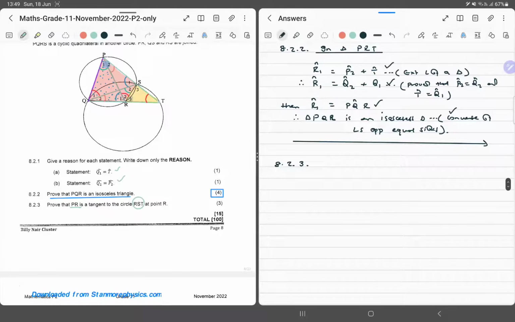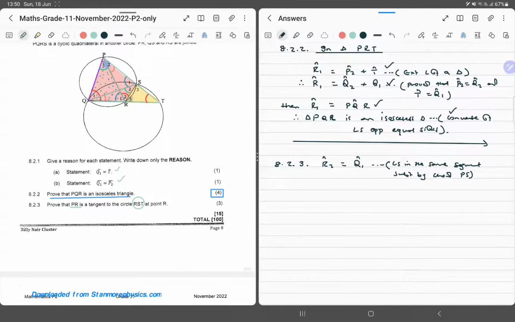So we can start, okay, all right. We know without a shadow of a doubt that R2, sorry, is equal to Q1. What is that? These are the angles in the same segment, subtended by chord QS, sorry.